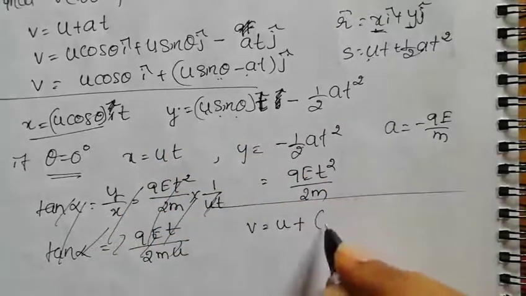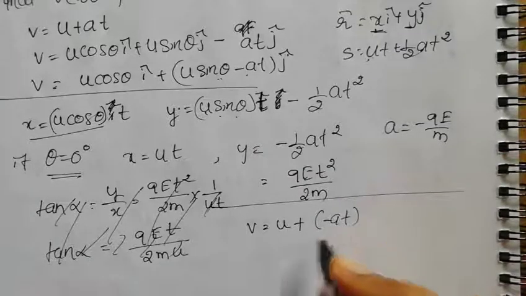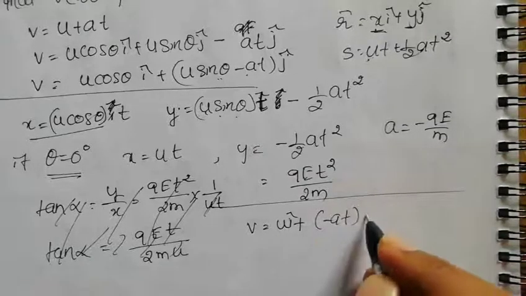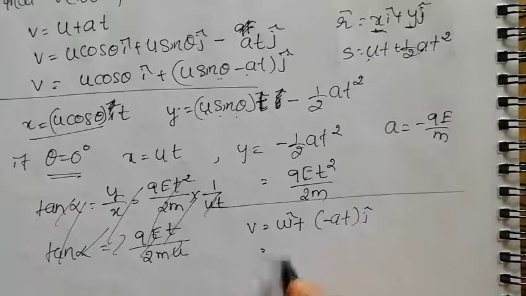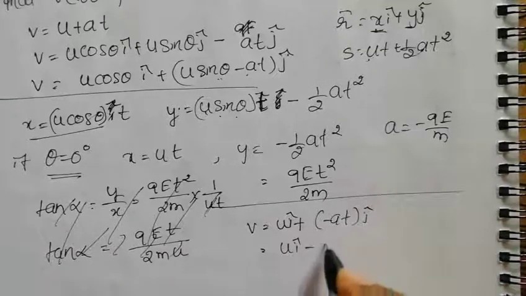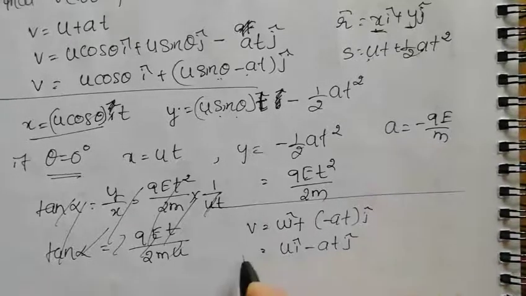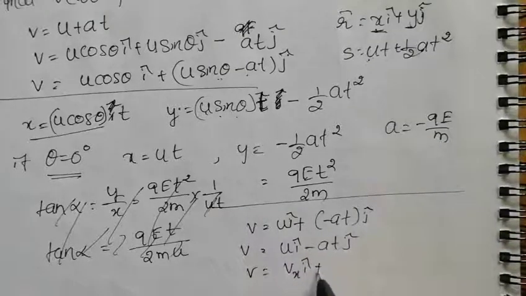You get minus at along j cap, while u is along i cap. So we can write u i cap minus a t j cap. That is the velocity. We can write it as vx i cap plus vy j cap.